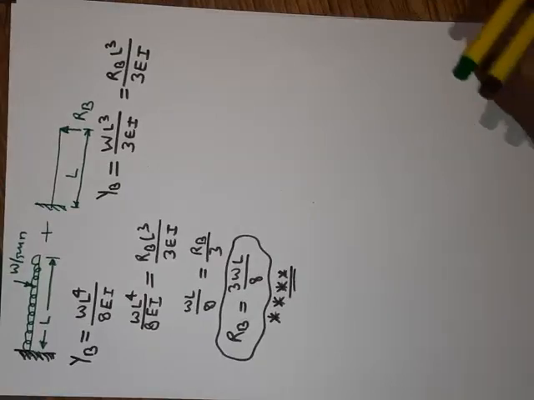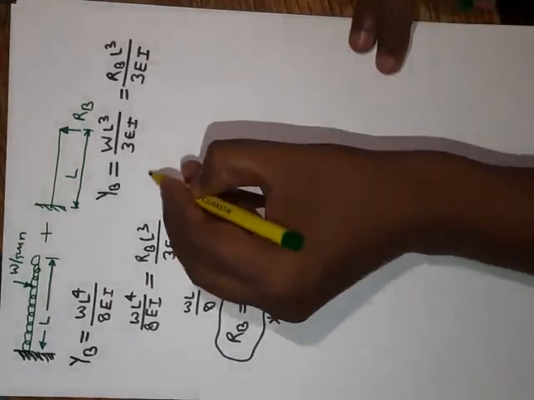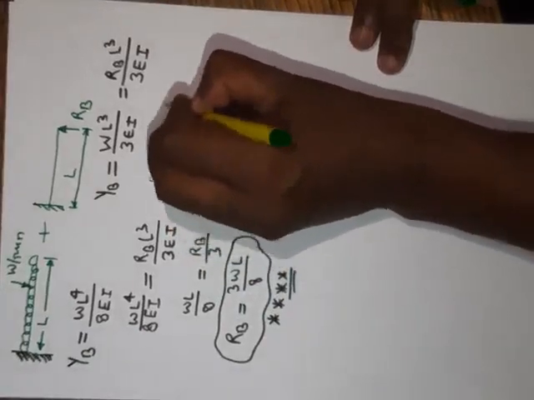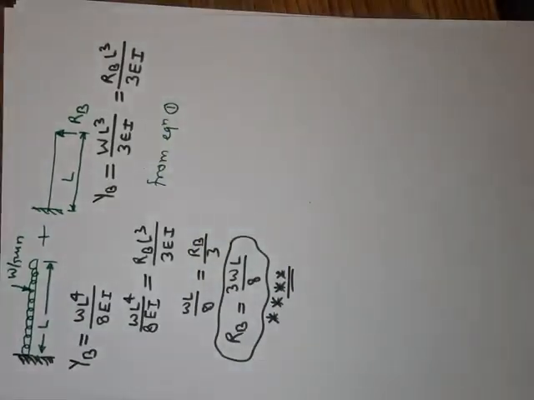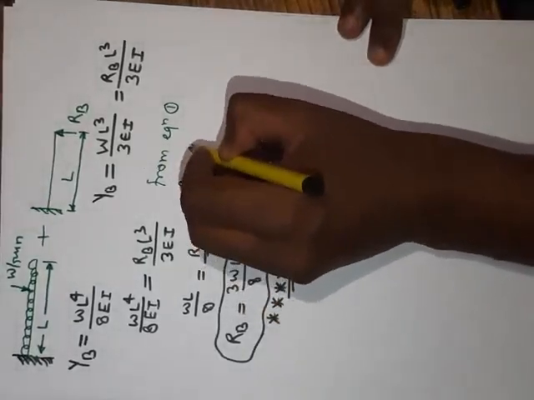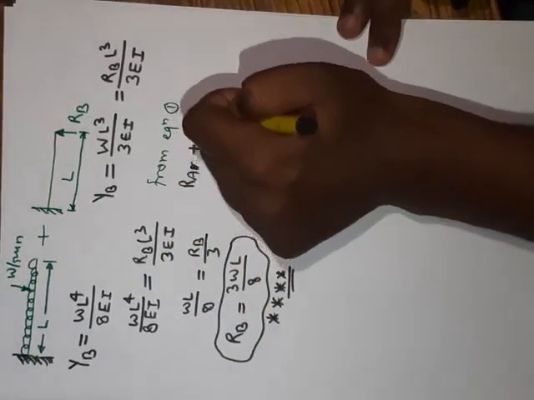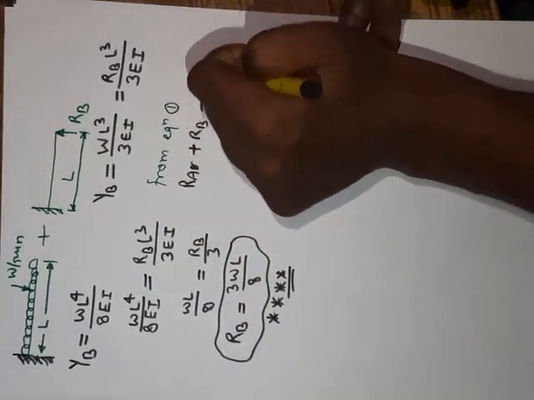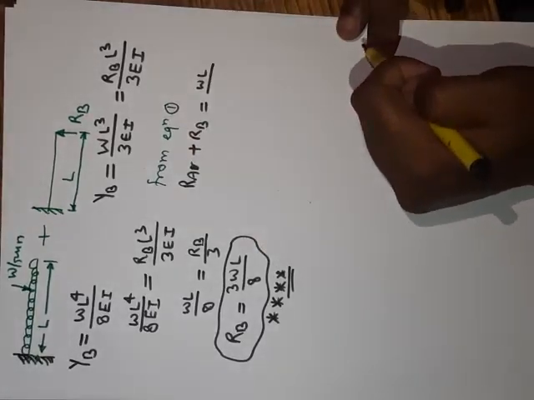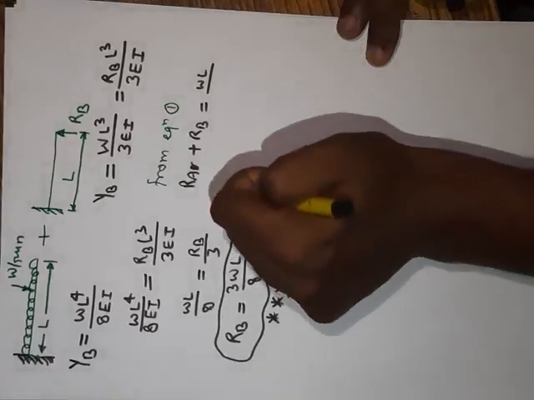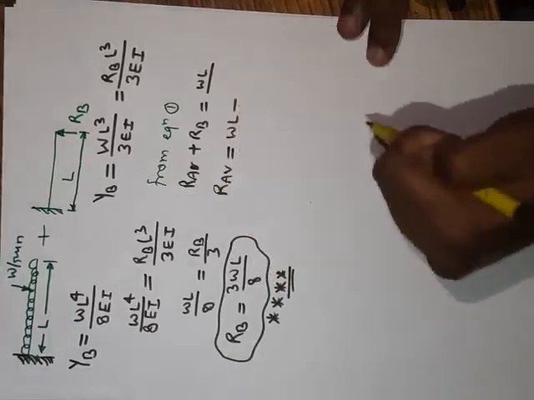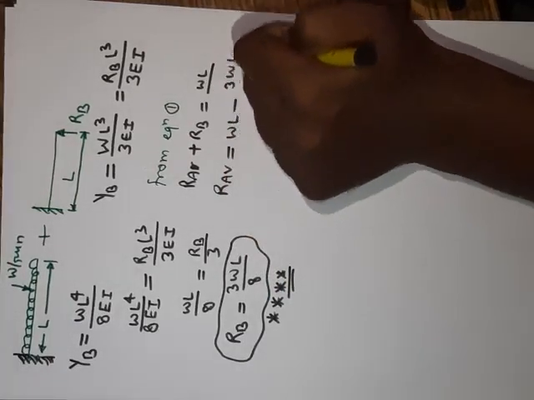Now for RA, from equation number 1: RA plus RB equals WL, or RA equals WL minus 3WL by 8.